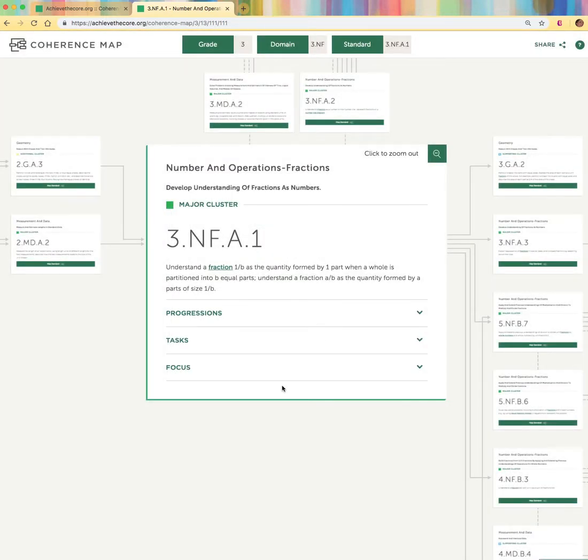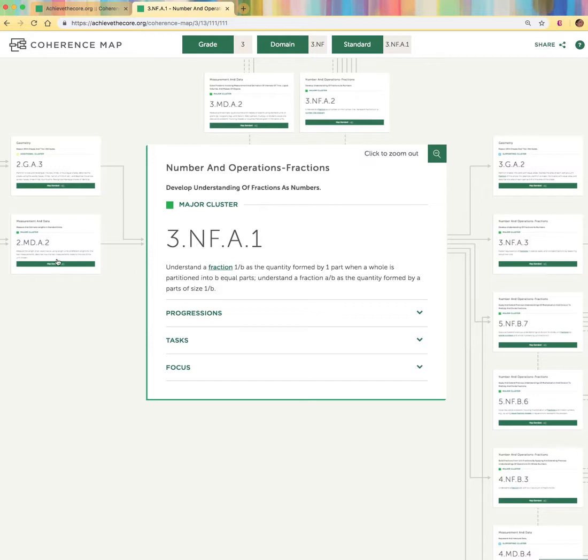All right, here it is. So this was the standard I chose, 3.NF.A.1. And you'll see there's all sorts of smaller cards next to it. So let me take you on a little tour of this. Over here to the left, you will find the standards that are considered to be foundational to the target standard we selected.